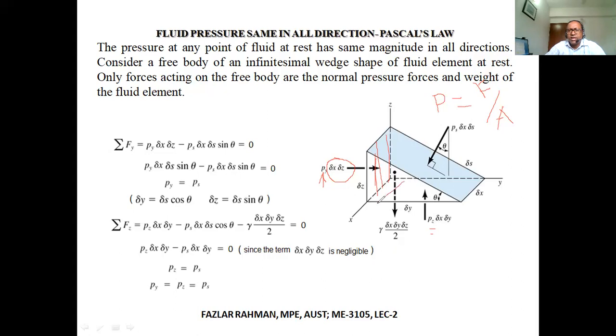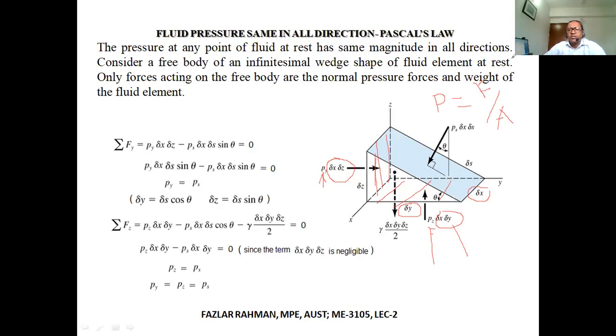So what will be the area of this rectangle? Obviously, delta x into delta y. This is the area, and this is the pressure. You multiply, and you get the force working in the vertical direction. We'll apply the equilibrium equations of engineering mechanics, summation of Fx, Fy, or Fz, then we'll see how it looks.